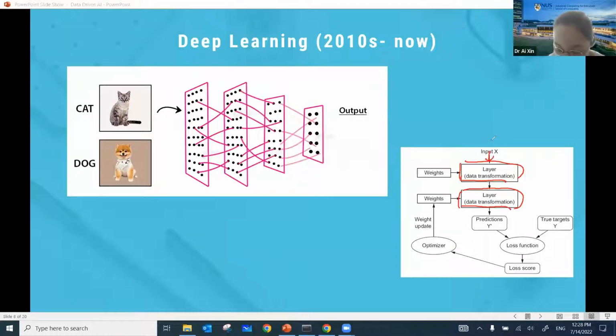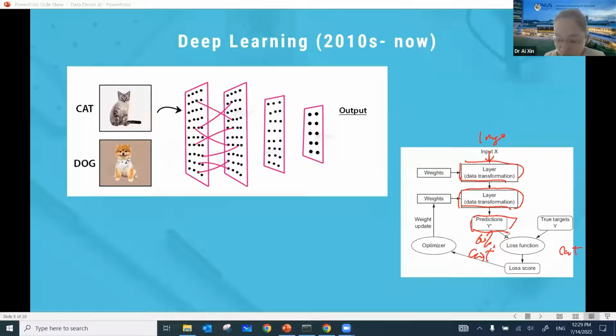The input here will be a cat image or a dog image. This image goes through each layer and comes out with a prediction. Let's say the prediction is a 60% chance this is a cat, but the actual label is a cat.